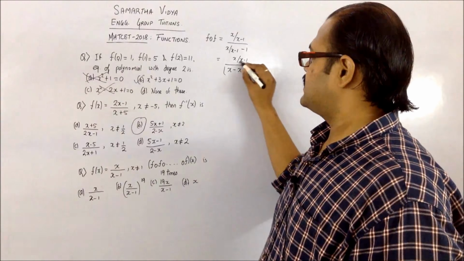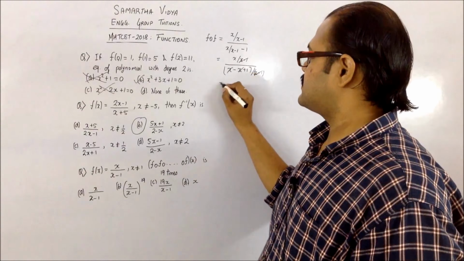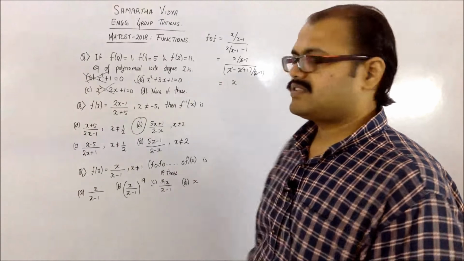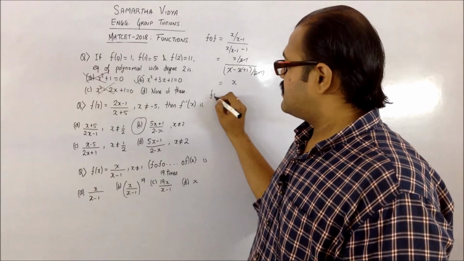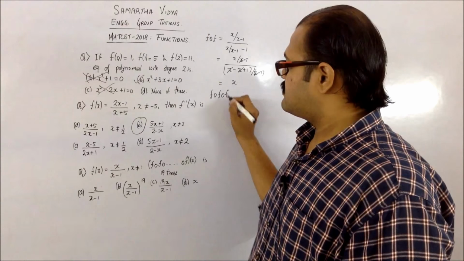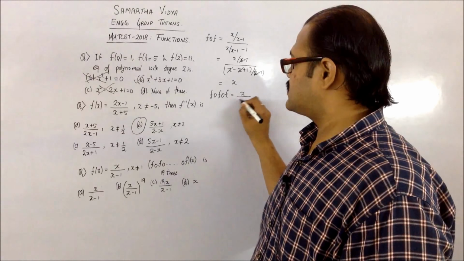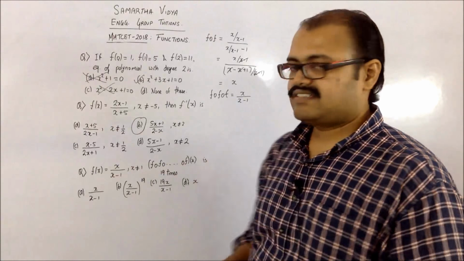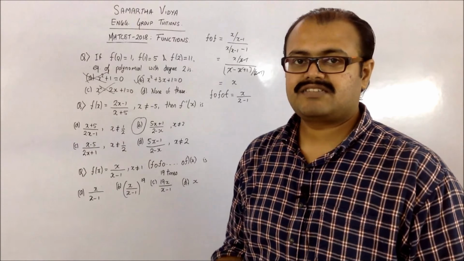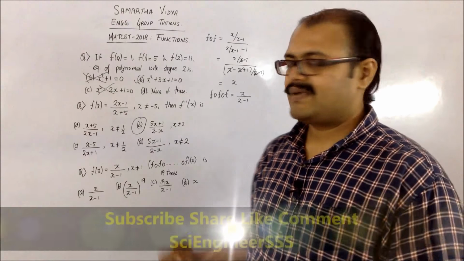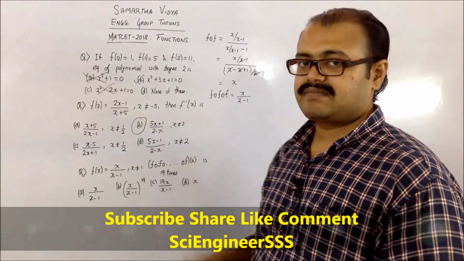So the x minus 1 gets cancelled out, and you are remaining with only x. Now the third f, you are getting back the equation, that is x upon x minus 1. So it is going back and forth between x and x upon x minus 1.